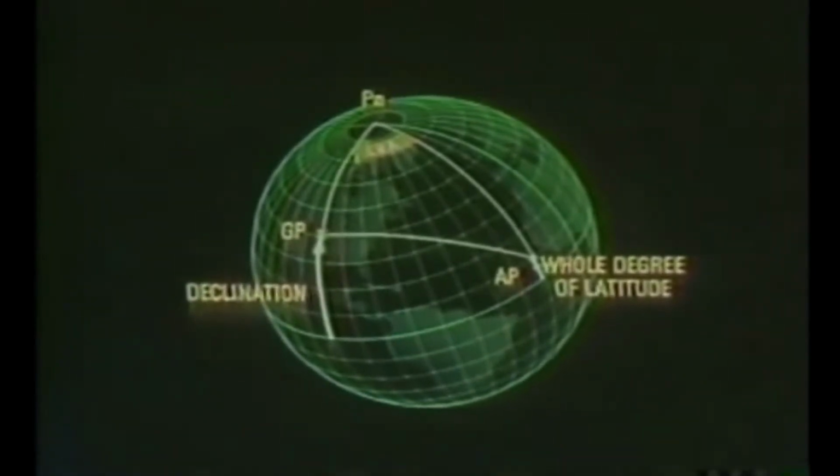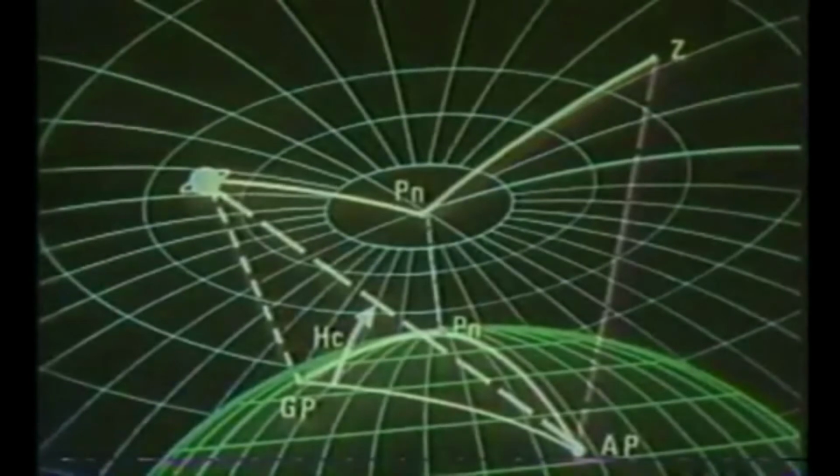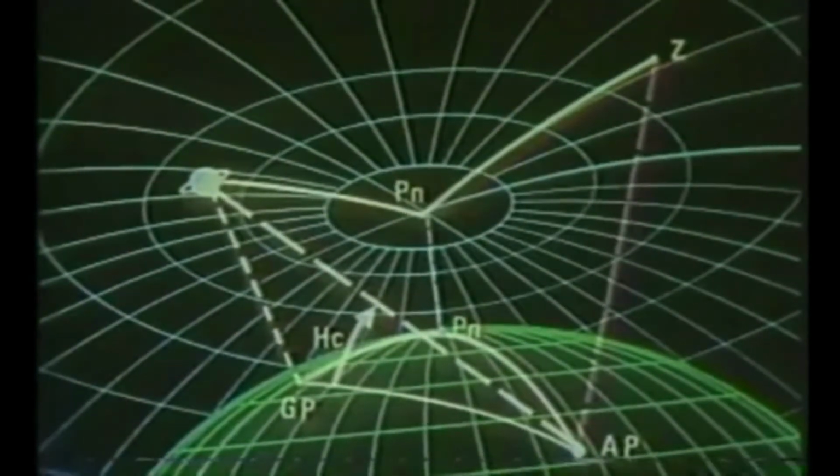With these three factors, you can turn to your HO 249 sight reduction tables to find two important factors. First, the computed altitude, called HC, from your assumed position to the celestial body. HC is the altitude you would observe with your sextant if you were actually at your assumed position.